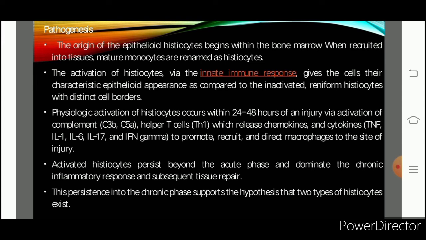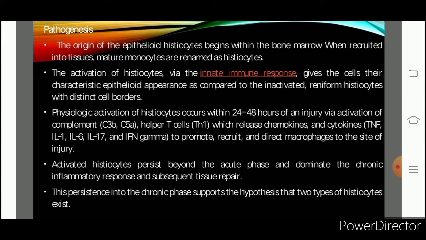So next, within 24 to 48 hours of an injury, physiologic activation of histiocytes occurs via activation of complement and helper T cells that release chemokines and cytokines to encourage, recruit, and drive macrophages to the site of injury.